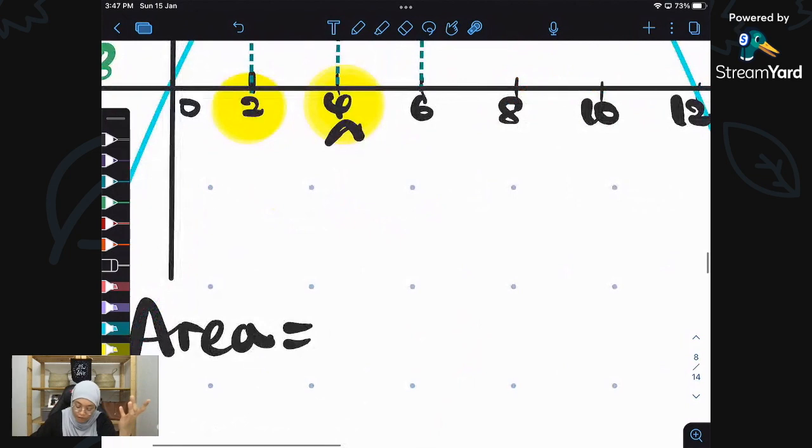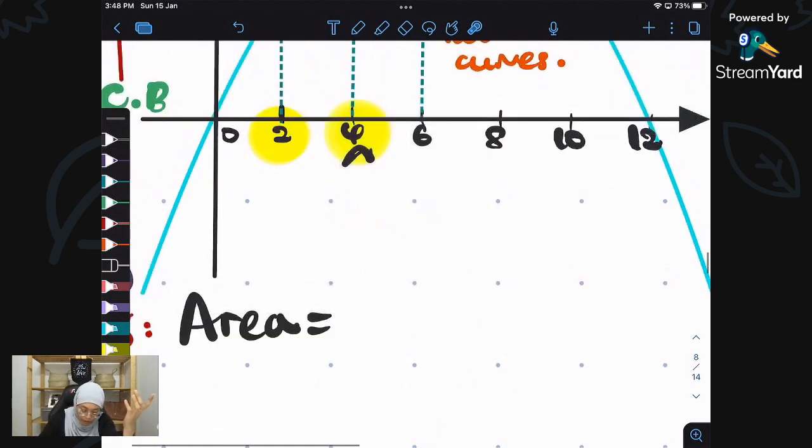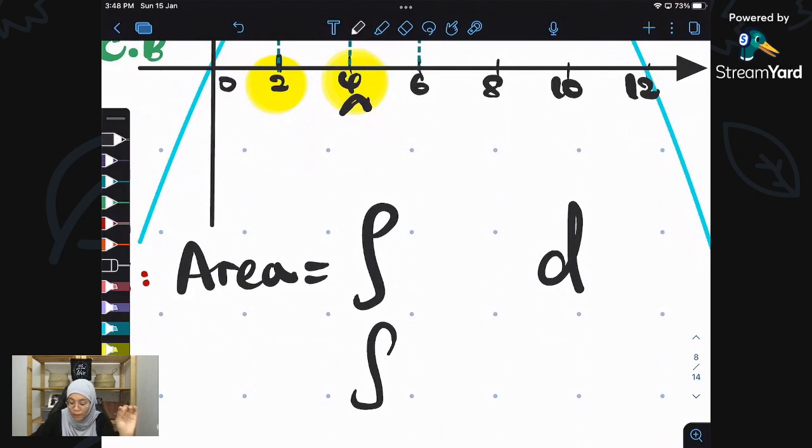Basically, we have a formula, which is the integral of... Here there are two options. Either you use the integral with respect to x or the integral with respect to y.